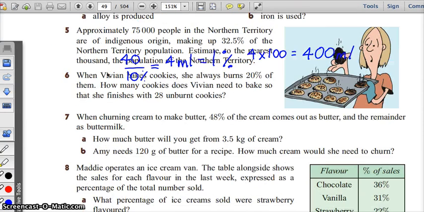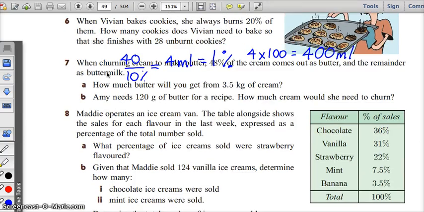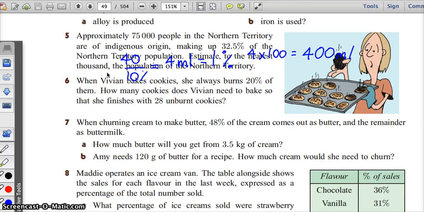As they become a little bit more wordy, like down the bottom, when churning cream to make butter, 48% of the cream comes out as butter and the remainder is buttermilk. So what you're trying to find is all the like things like we did in the process before. But we won't rush it to there. Do some of those basics first, okay?